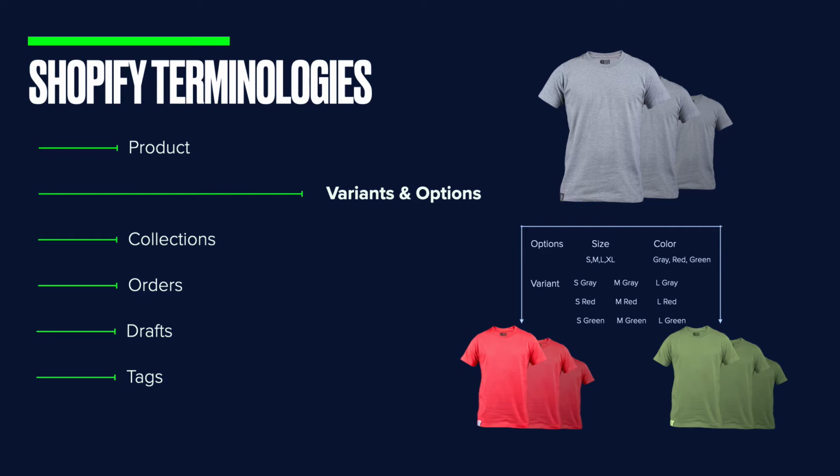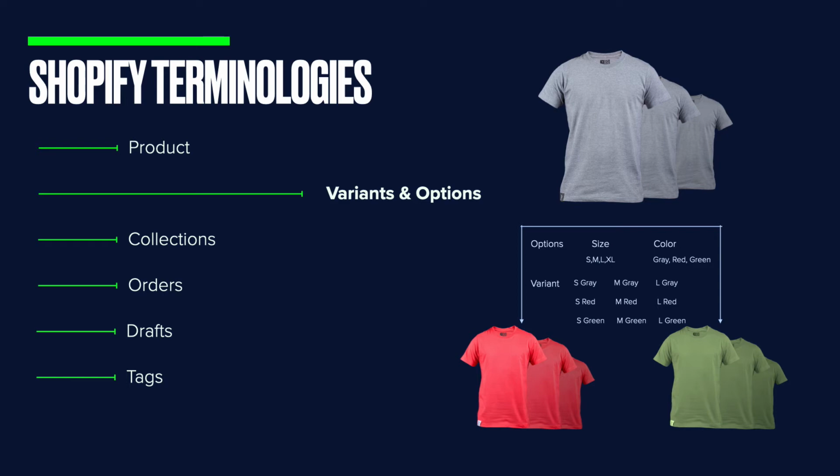Basically, options are what customers get once they get inside a product. In this case, I have 2 options, size and color. Inside size, there is small, medium, large, XL, and for color, gray, red, and green. So what is a variant?